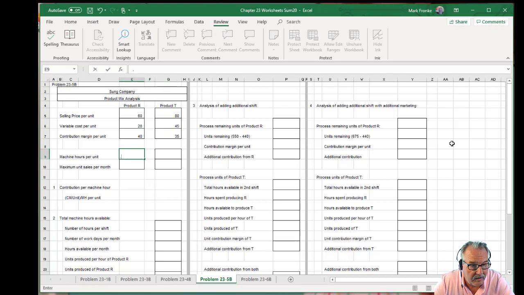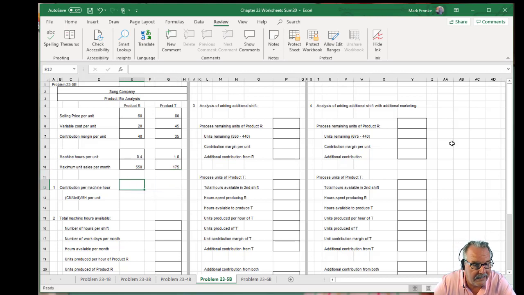It takes 0.4 hours to make product R, and it takes 1 hour to make product T. Our maximum sales units is 550 of product R. In other words, we can sell up to 550 units, and then the demand drops off. And we can sell 175 units of product T.